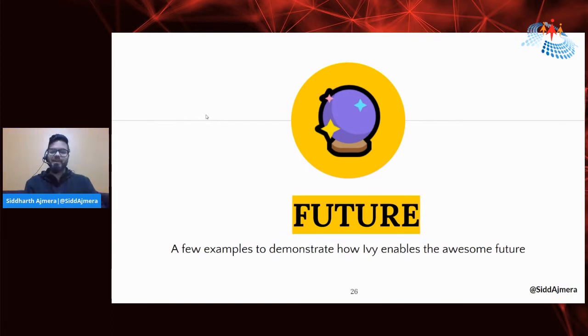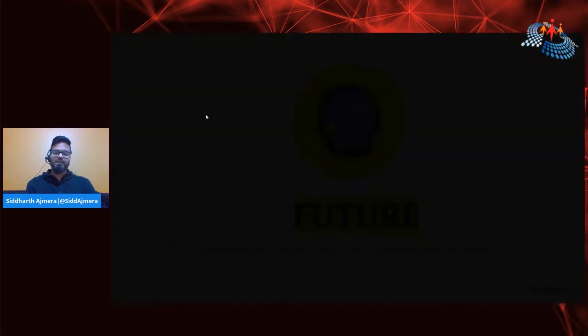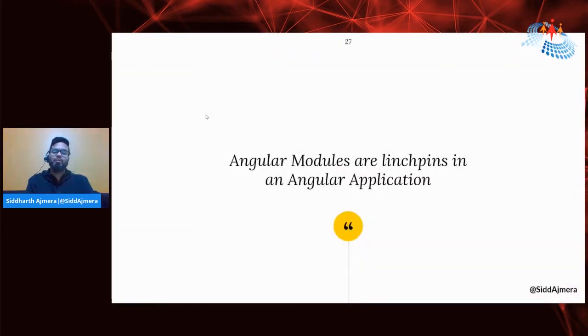But before that, I need to highlight one thing. That one thing is that Angular modules are linchpins to Angular applications. What I mean by this is that Angular modules take care of a lot of work that happens in the background without even us knowing about it. So Angular module takes care of a lot of things like dependency injection and change detection and stuff like that, right?